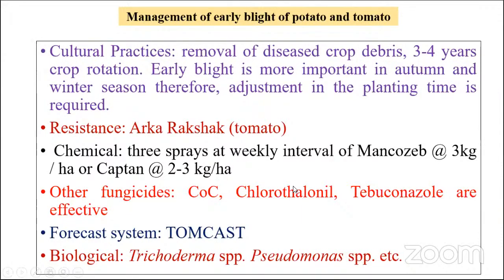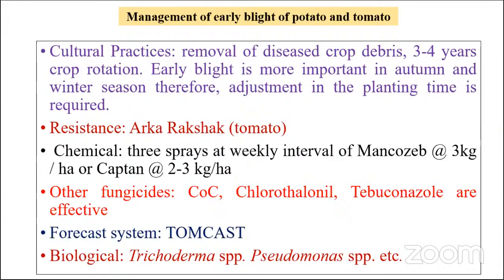For the management of Alternaria, we need to follow chemical sprays. Mancozeb or Captan is effective for the chemical spray. Other fungicides, that is copper oxychloride, chlorothalonil, and tebuconazole, are equally effective for the control of the fungal pathogen.